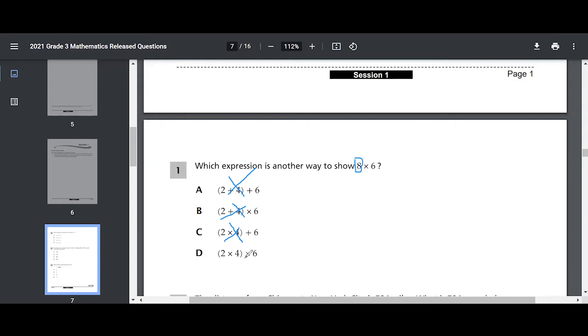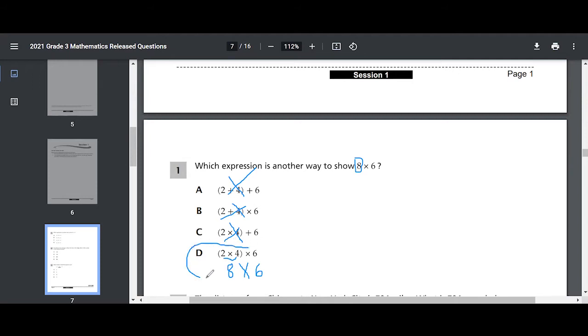However, I am still going to solve for D. 2 times 4 is 8. Bring down the multiplication sign, and bring down our second factor, which is 6. 8 times 6 is answer choice D, and it is equivalent to the expression 8 times 6.